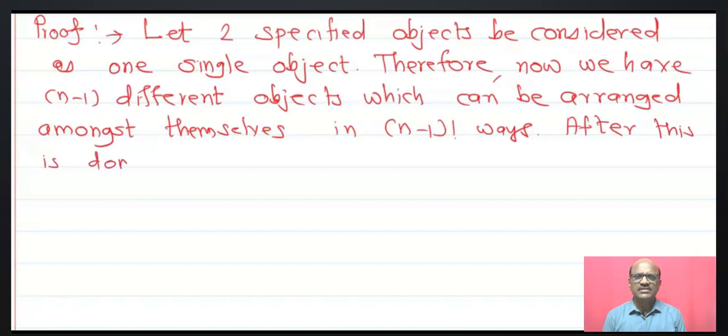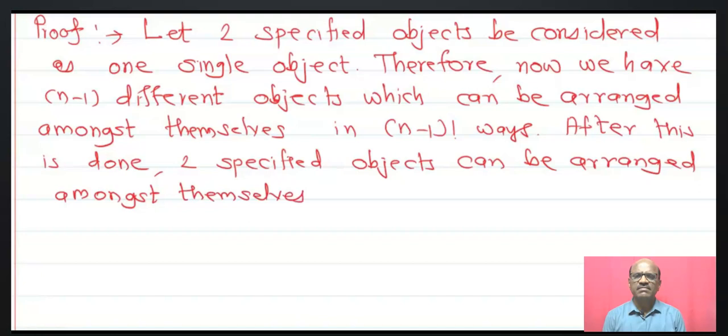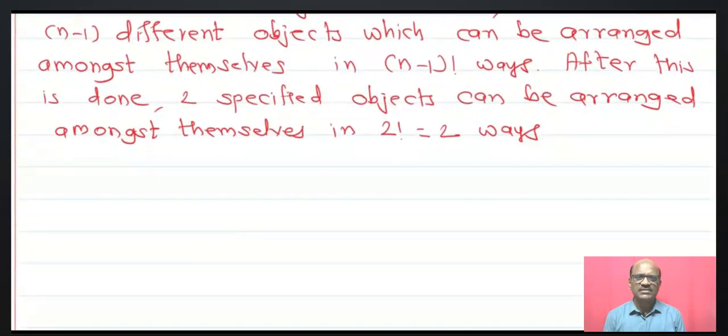After this is done, the two specified objects can be arranged among themselves in 2 factorial, that is 2 ways.